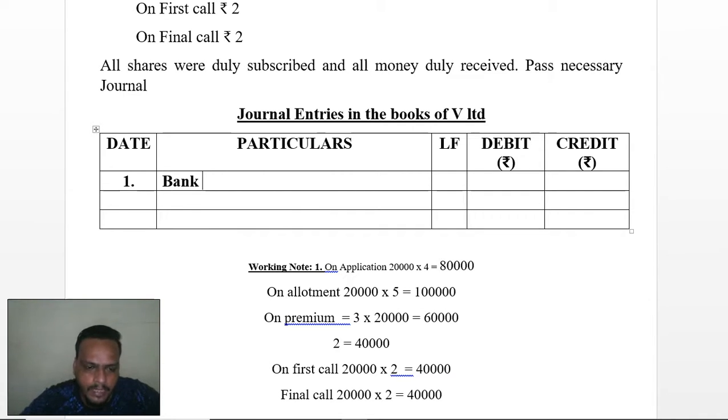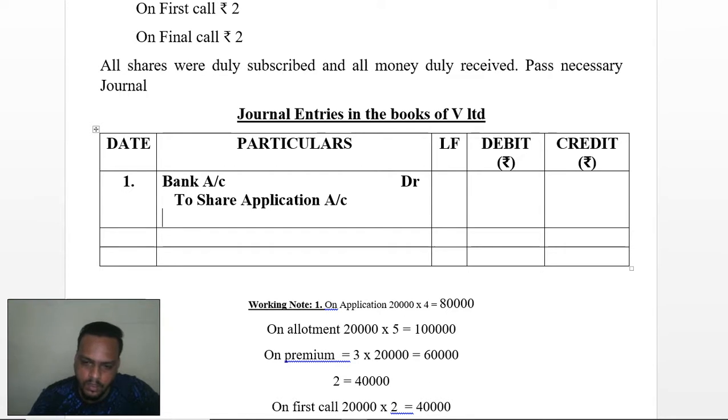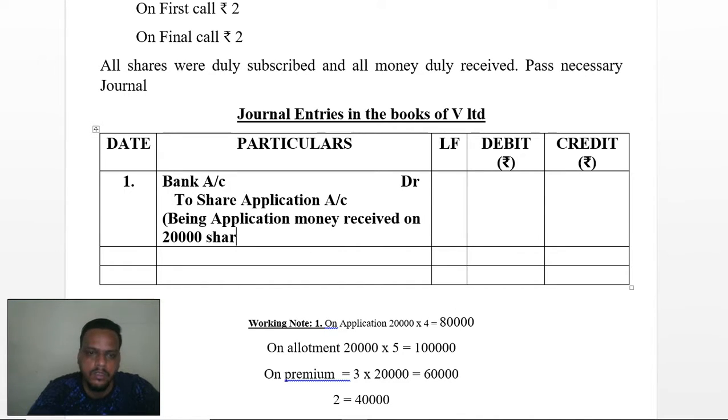So write the entry: bank account debit, to share application account, being application money received on 20,000 shares at rupees 4 being gross.